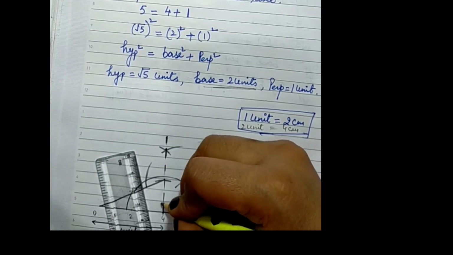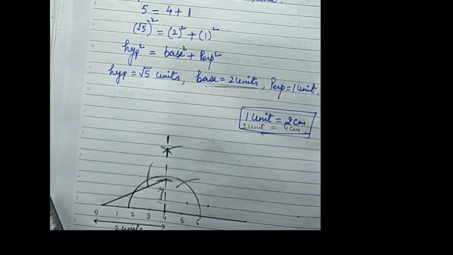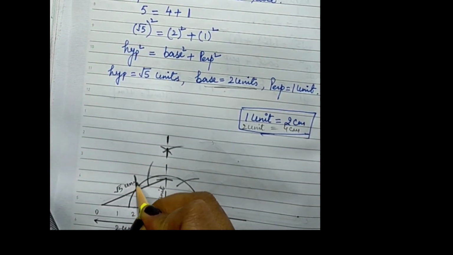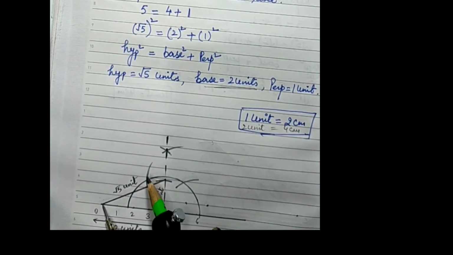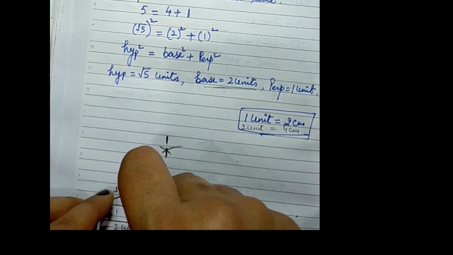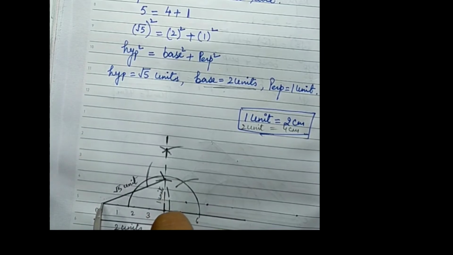So this is 1 unit, perpendicular was 1 unit, base was 2 units. Therefore the hypotenuse will be root 5 unit, as I have explained earlier. Now we have to measure the hypotenuse, and then we are going to draw the arc on the number line.